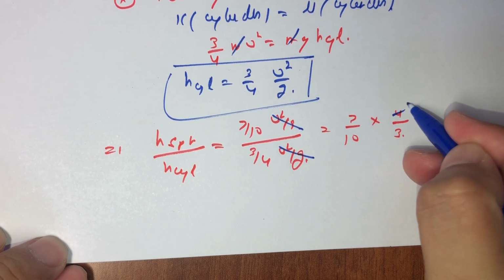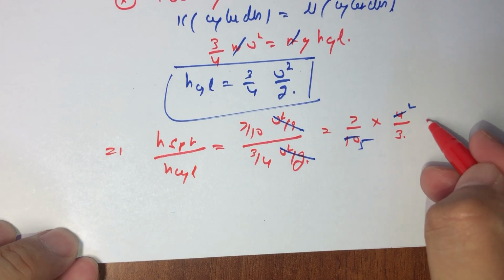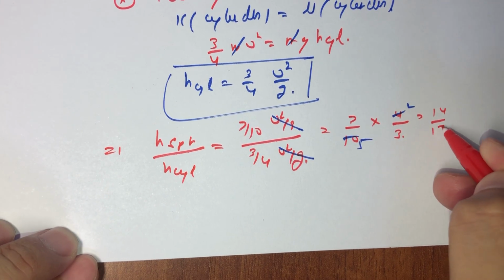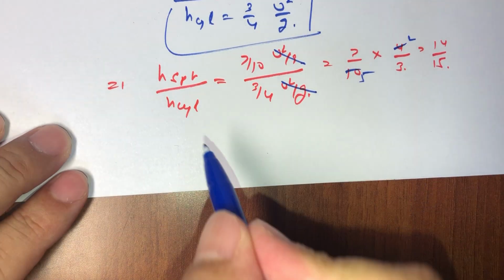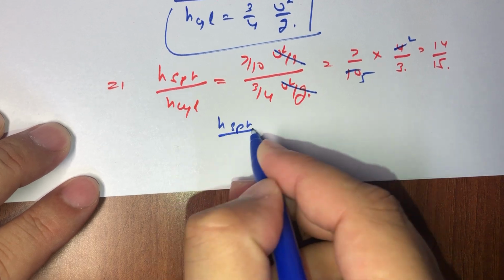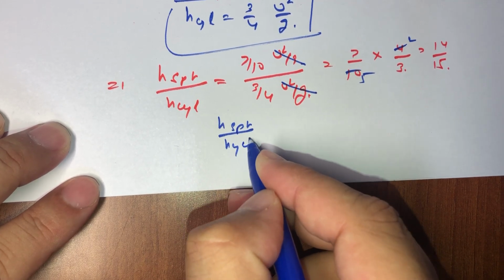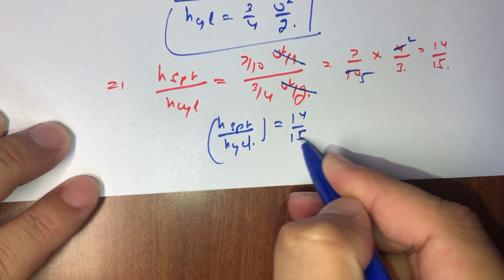So this goes by 2 and 5, and will be equal to 14/15. So the ratio of height of the sphere to height of the cylinder is equal to 14/15.